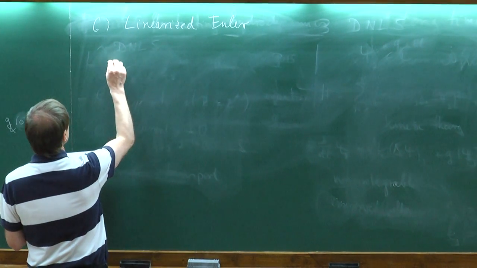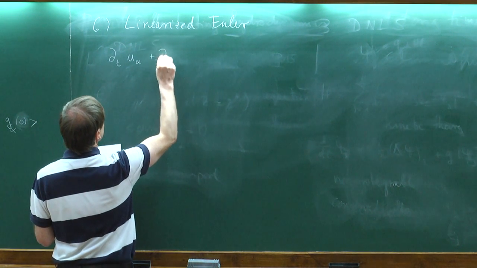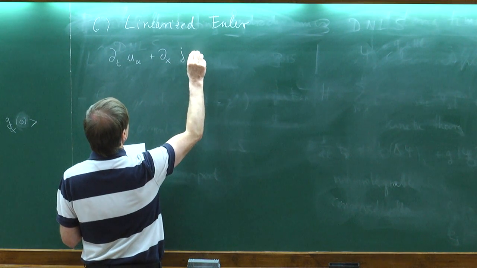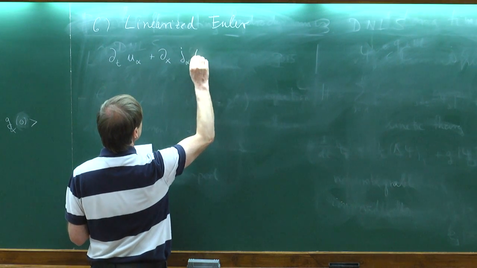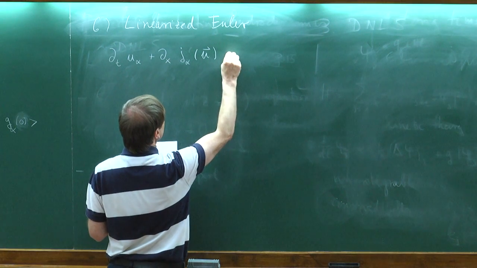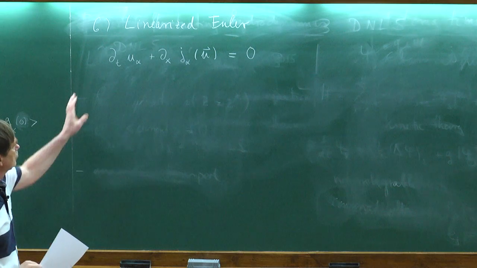Well, the equation we have is d/dt of u alpha plus d/dx of the alpha current. We always have 3 components, and now we have these currents, which are of course some function. I've written down the explicit function, but for this purpose we don't really need that, so it's better to think of it in this form.